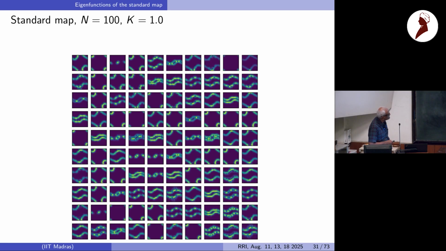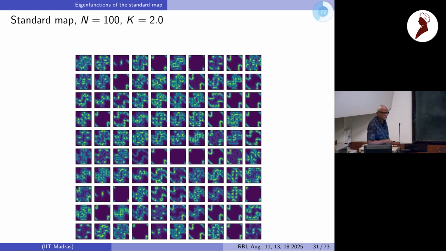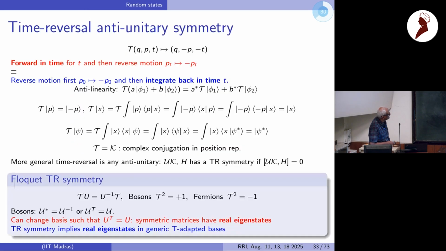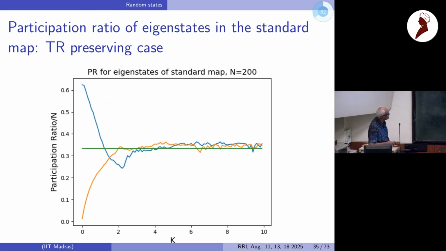It's more or less localized in momentum, and therefore its participation ratio is very small. Whereas if you take position, it's spread all over the position, and therefore it's delocalized in position. But it doesn't matter once chaos sets in. Both of them tend towards the random state value of 1/3.